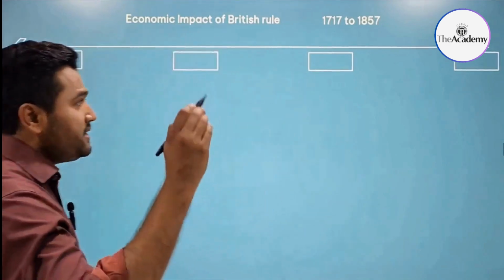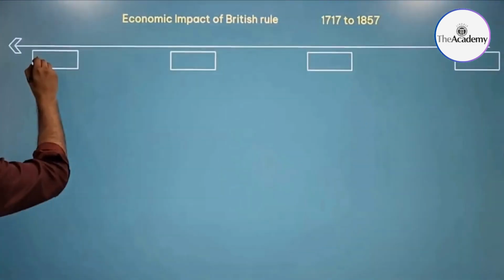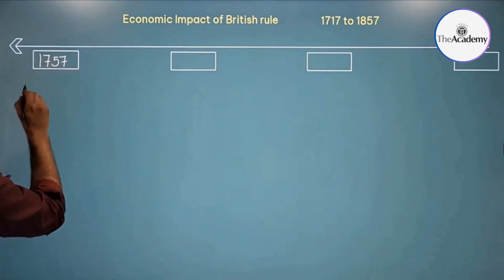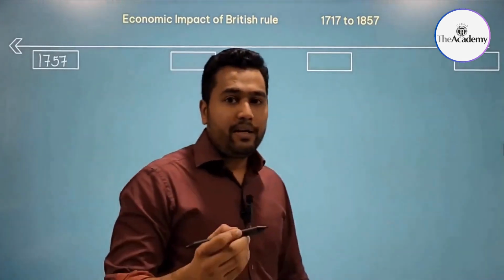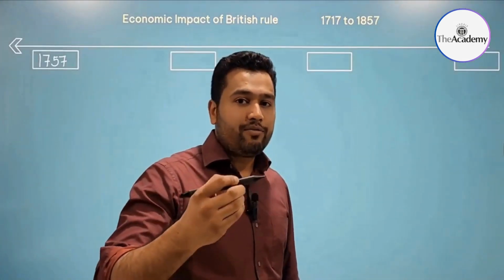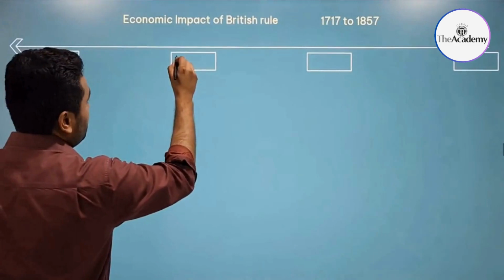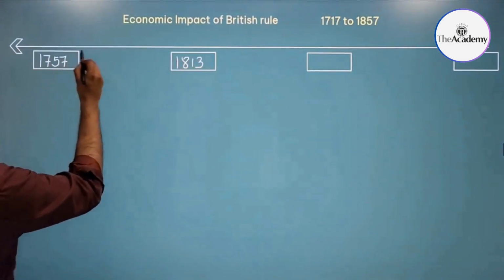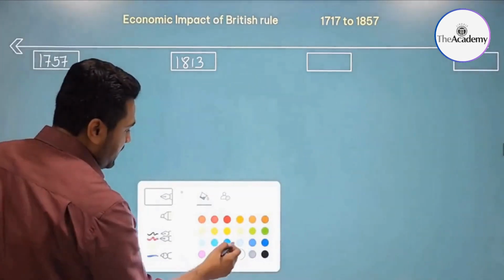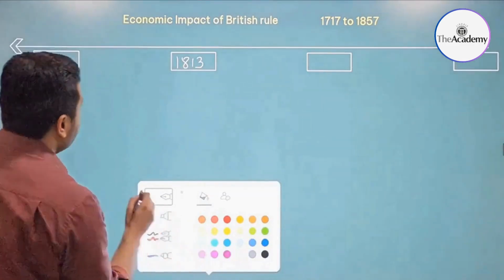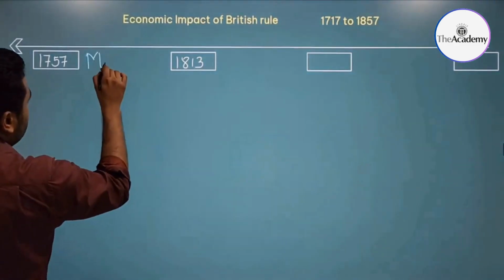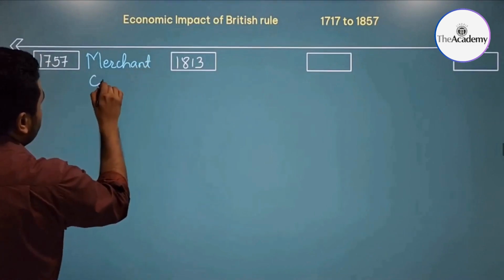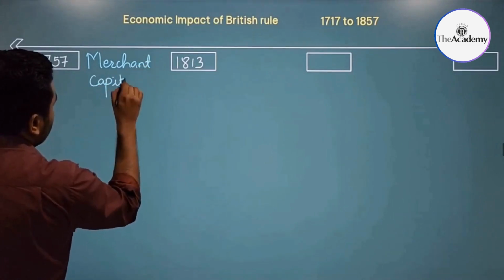While studying the 3 stages of colonialism in India, you have to remember certain important years and events. 1757, when the British East India Company transformed itself into a political power, up till 1813. So the time period from 1757 up till 1813 is understood as the stage of merchant capital colonization.